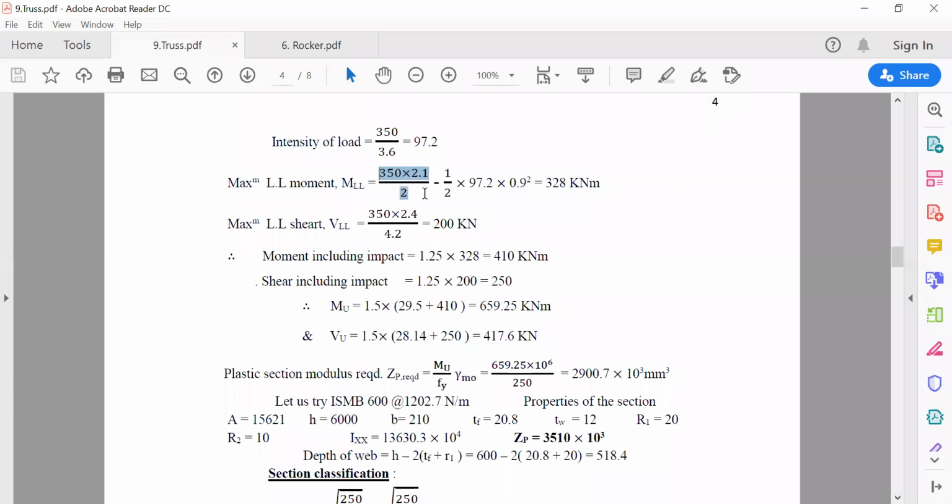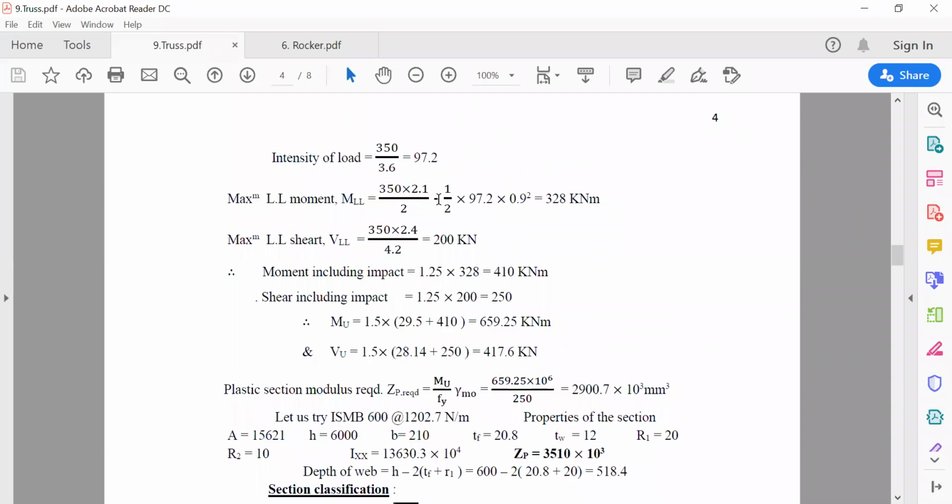this is W into L by 4, so it's L by 2 divided by 2, isn't it? 2.1 is 4.2 by 2, isn't it?